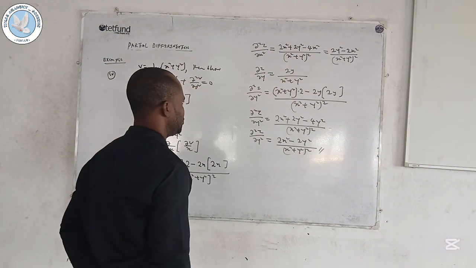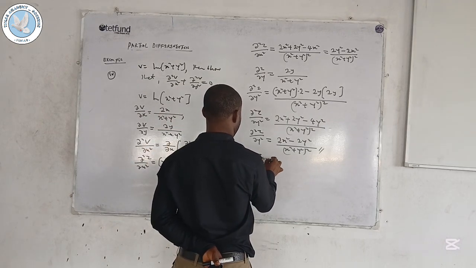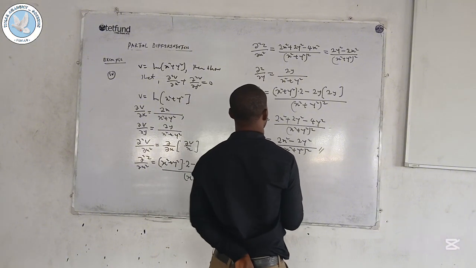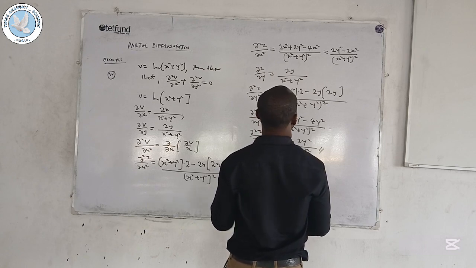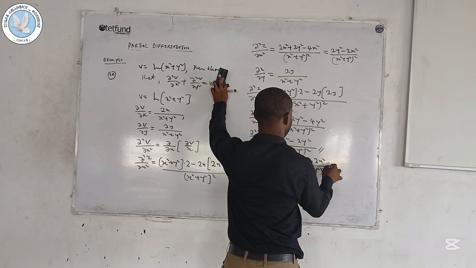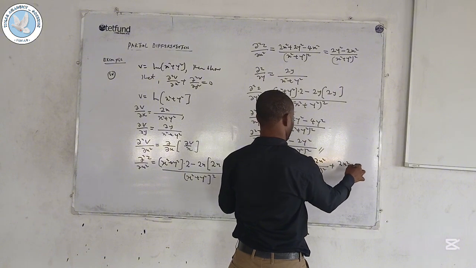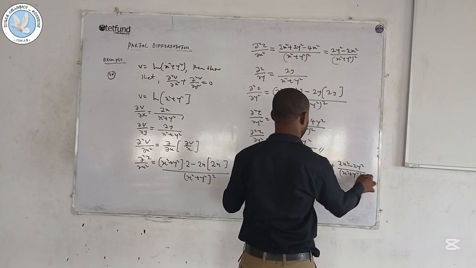So let's add the two together. We're adding this with respect to y plus this with respect to x, and this is giving us 2 minus this divided by this squared plus this. So we have 2 divided by this squared.